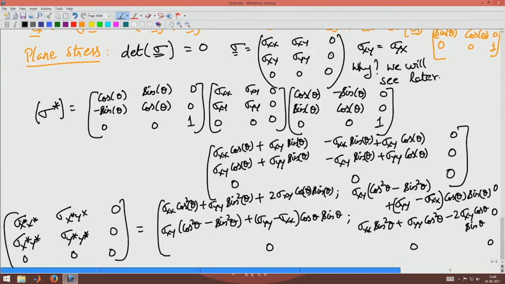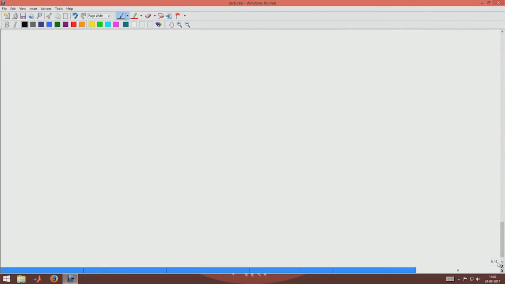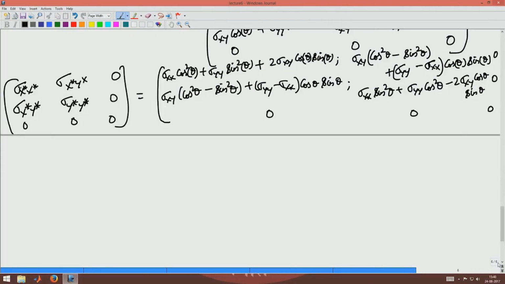Now, I am equating these two matrices to see what is happening.